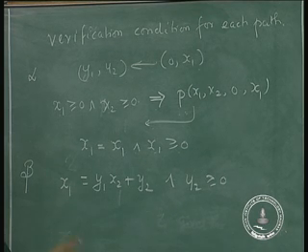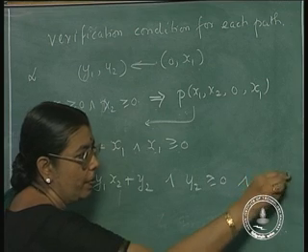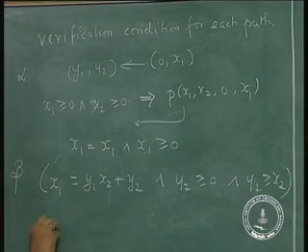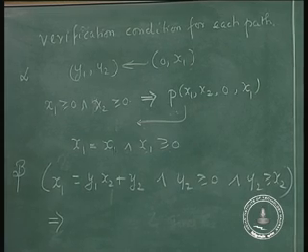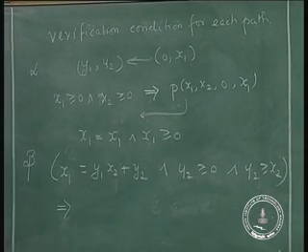Now, if you execute the path, y2 greater than or equal to x2 evaluates to true. So, you also have the condition y2 greater than or equal to x2. So, this should imply the value after the assignment is made.